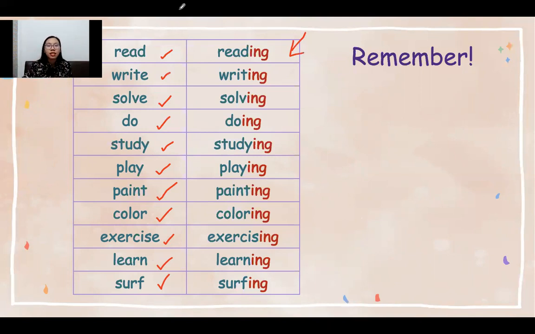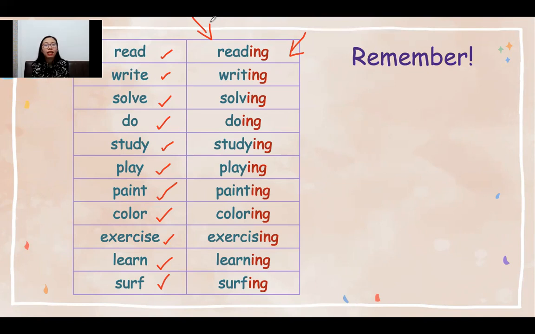These verbs here are what we are going to use in our past continuous sentences. When we say past continuous, it means it happened in the past, but it's a continuous action in the past. Teacher Ann and Teacher Nok will explain more.